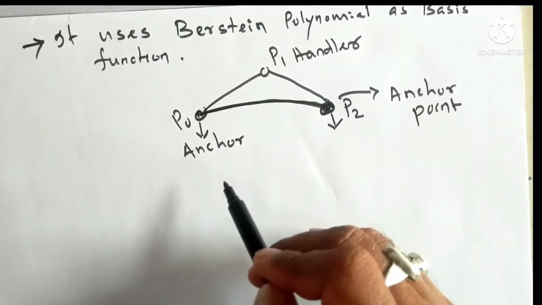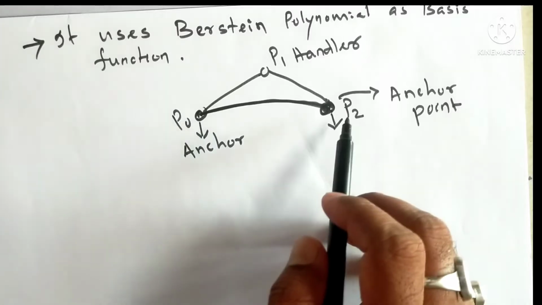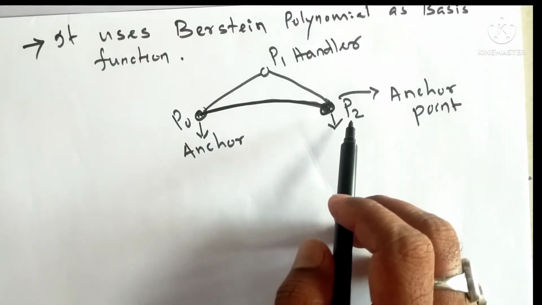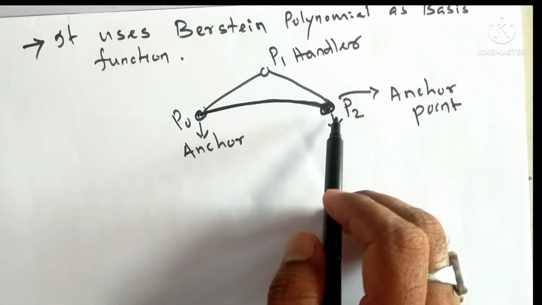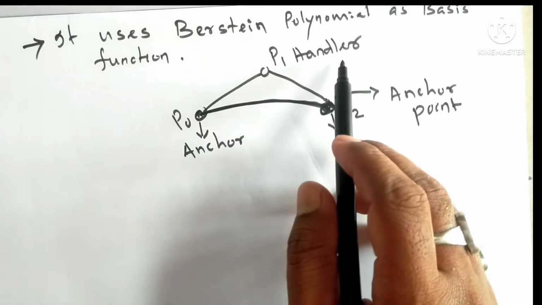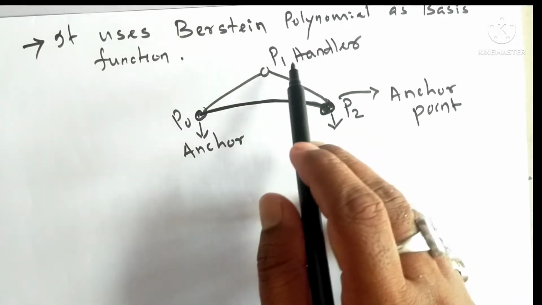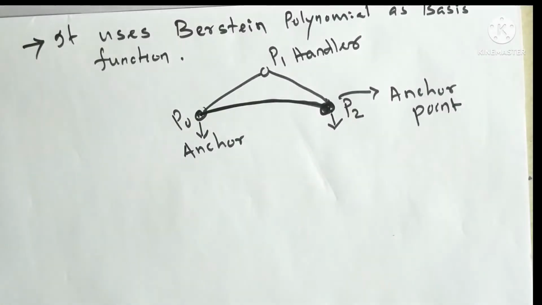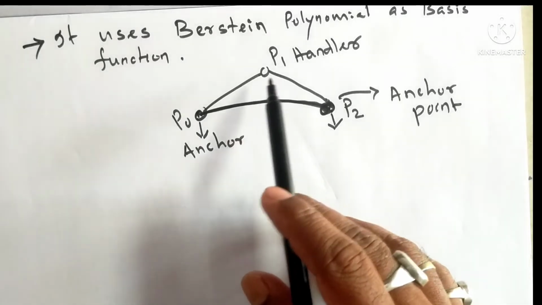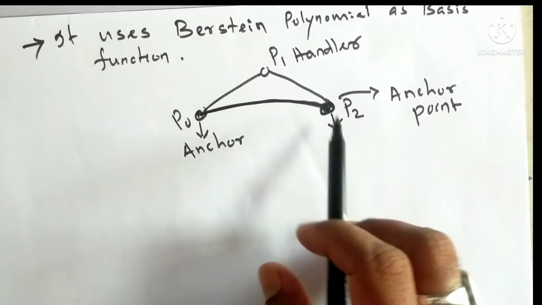Now P0 and P2 are control points, but they are called anchor points, and P1 is called the handler. It decides the shape of the Bezier curve, and the Bezier curve exhibits global control. What is the meaning of global control? If you change any control point, it will change the shape of the Bezier curve.